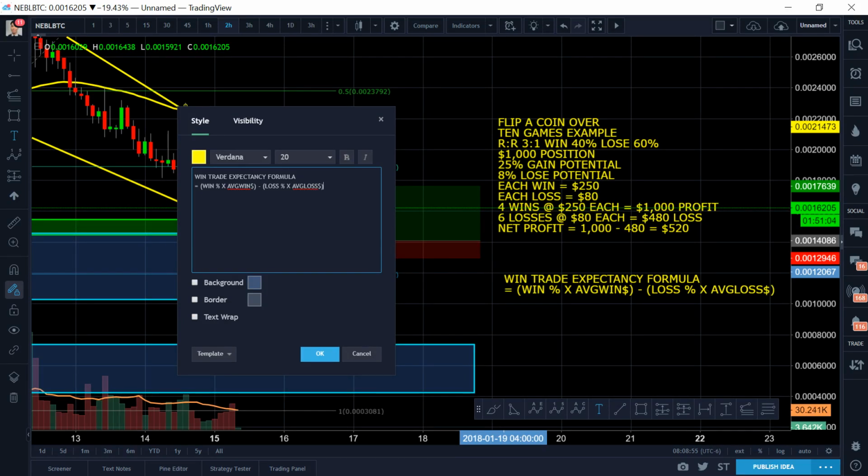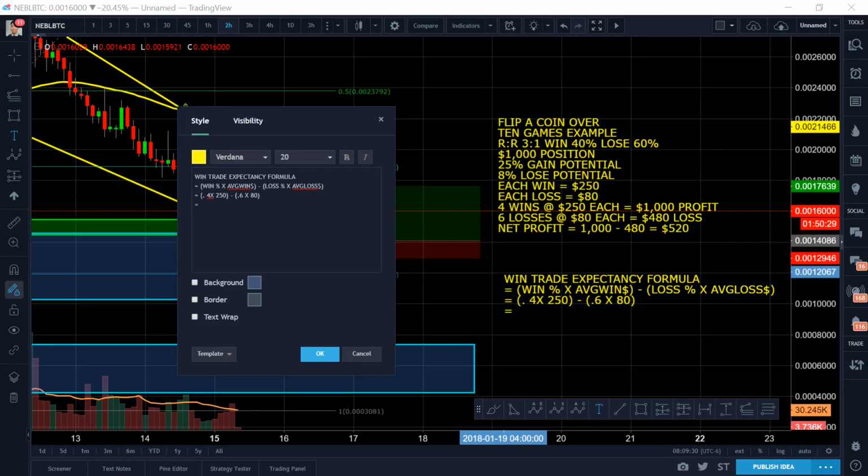average loss dollar. So now here we see your win percentage is 0.4 multiplied by your average win is 250, right? Minus your loss percentage, which is 0.6 for 60%, times, sorry, the annotation is driving me nuts, 0.6 times your average loss, which is 80, right? So what is that?